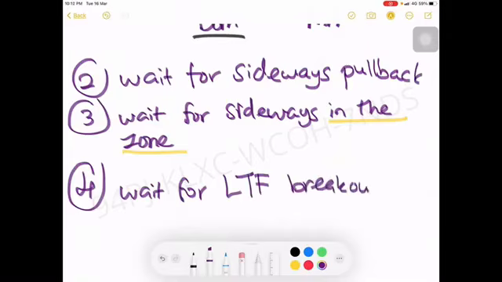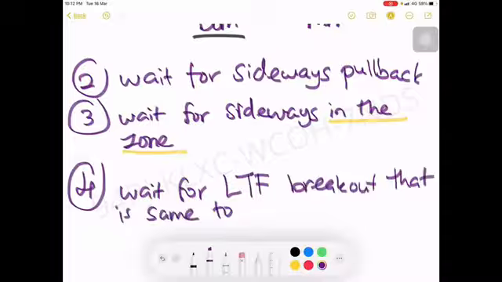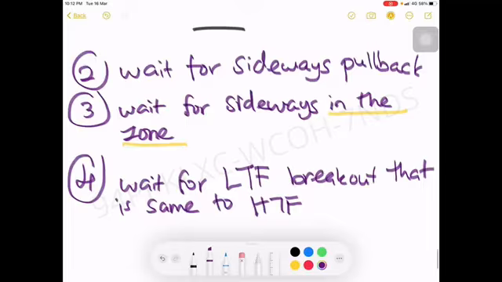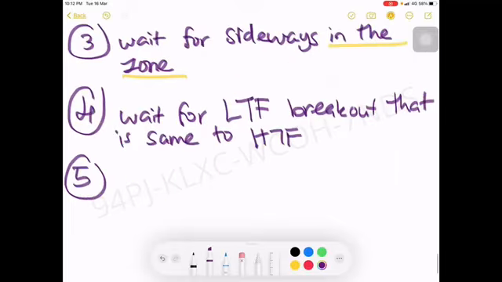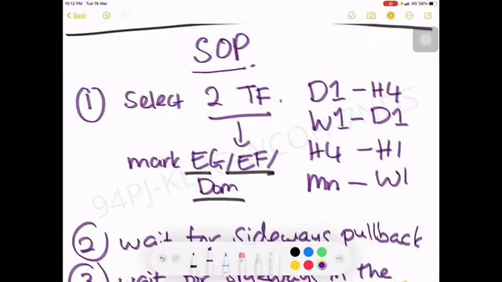And number four, wait for lower time frame breakout.